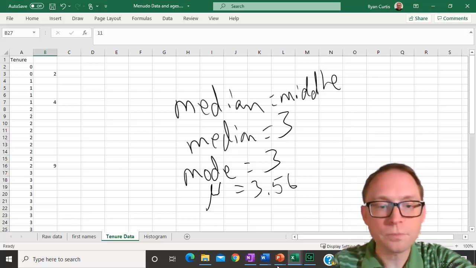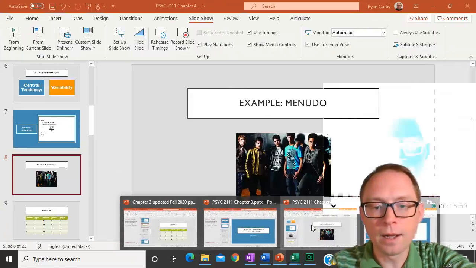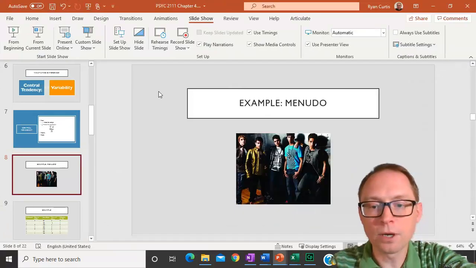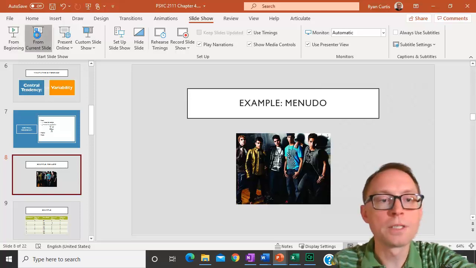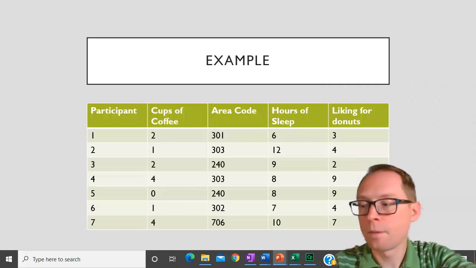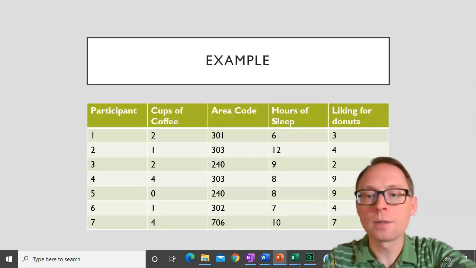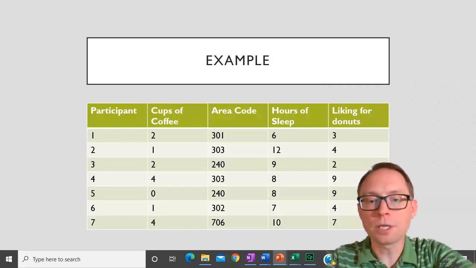Okay, now let's have you do it on your own. Let's take some data that we looked at previously and talk about it. We did the example of Menudo. Now let's do this for hours of sleep.